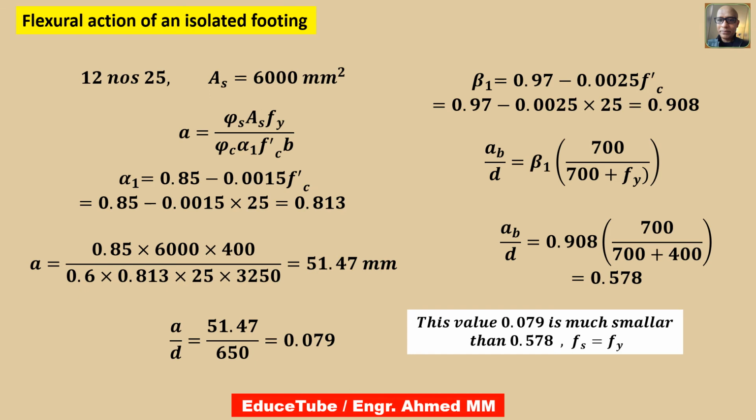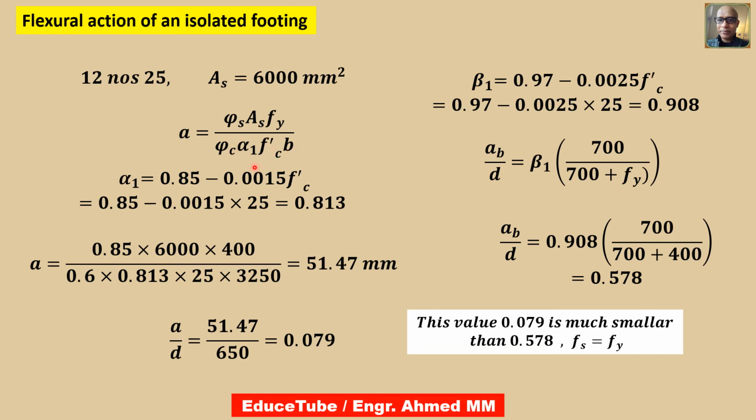So here what we will do, we will find the value for a. a is the depth of the equivalent rectangular stress block. So we have to put in all these parameters: phi s, phi c, As, Fy, alpha 1, f'c, b.